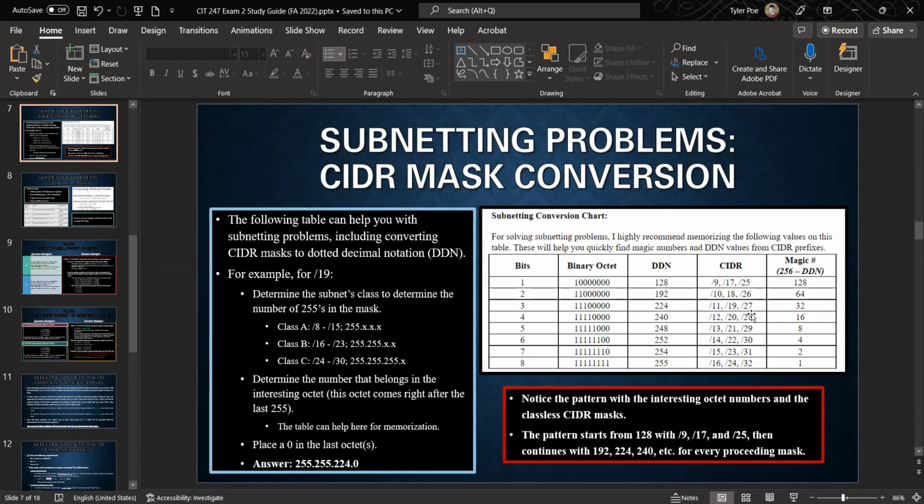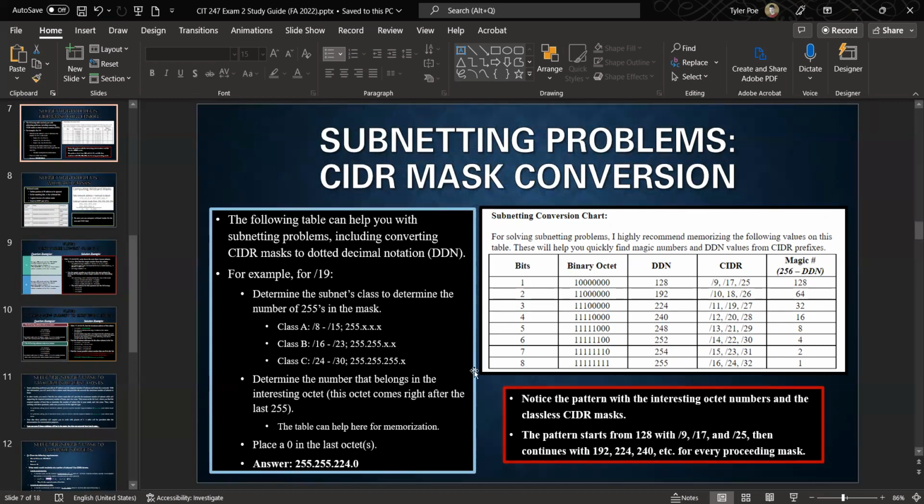/27 is what we're looking for, so we can find the class that this mask is in. It's class C. The first classful mask is /24. Remember the classful masks are /8, /16, /24. Memorize those, see the CIDR mask you're given, and see which class it's in. It's going to be greater than one classful mask and less than the next classful mask above it. /27 is greater than 8, greater than 16, and greater than 24.